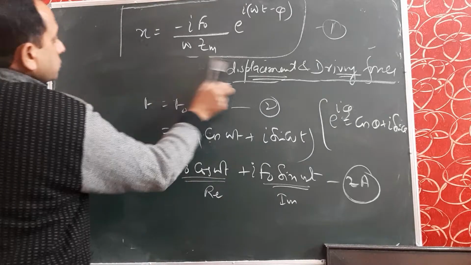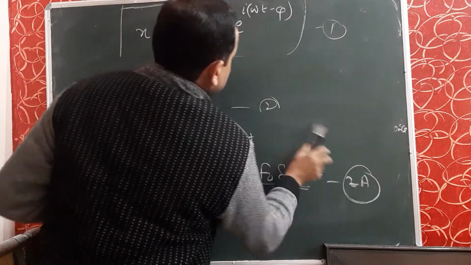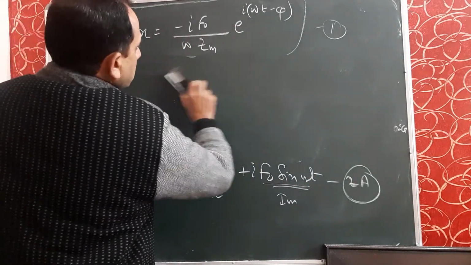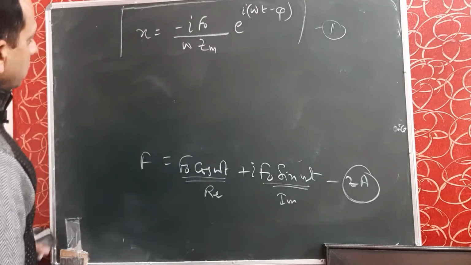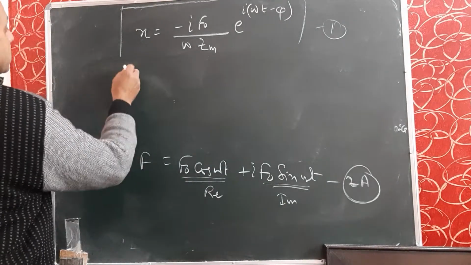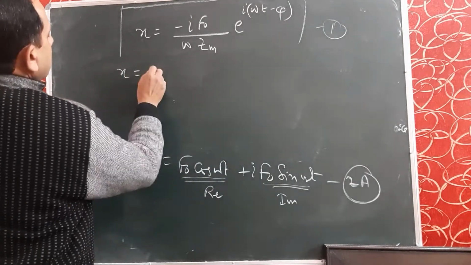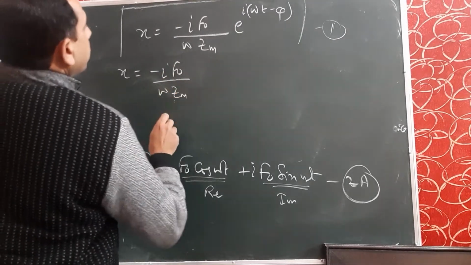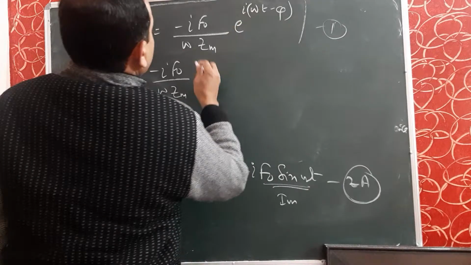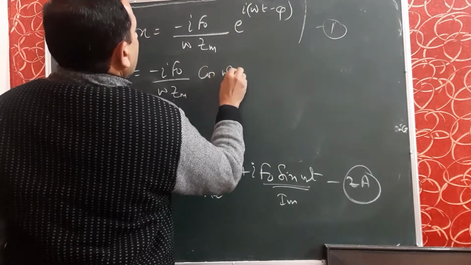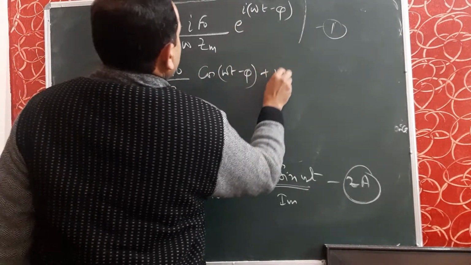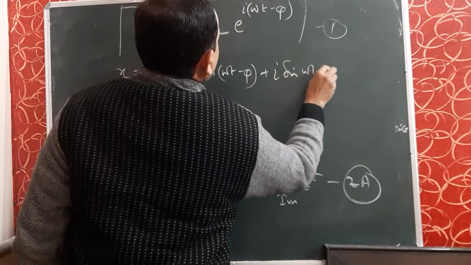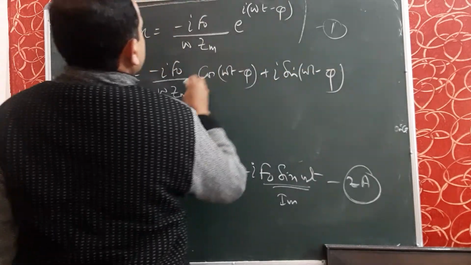Now we will resolve this x as iota F naught over omega Zm e power iota theta. Again it is cos omega t minus phi plus iota sin omega t minus phi.